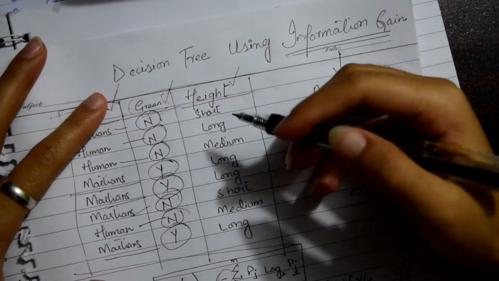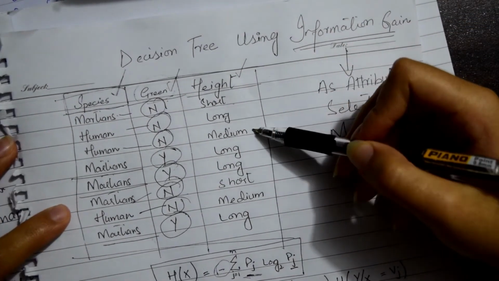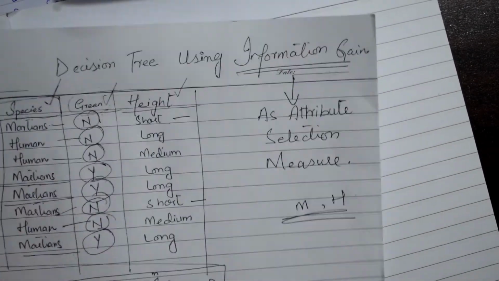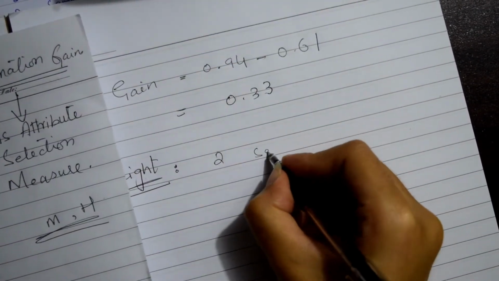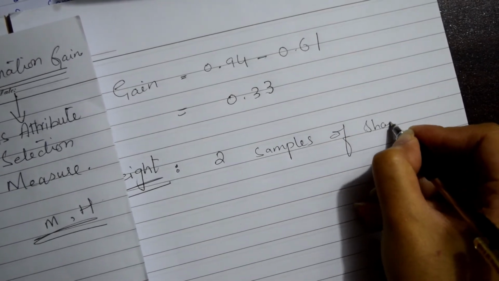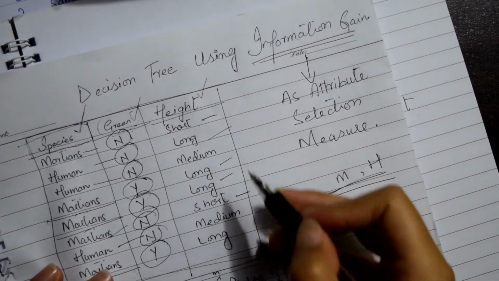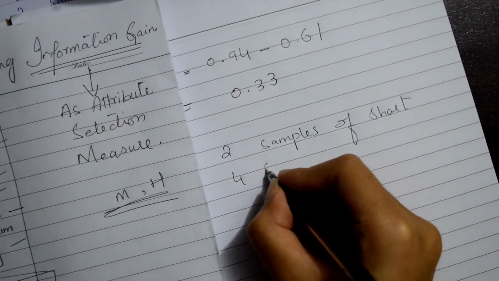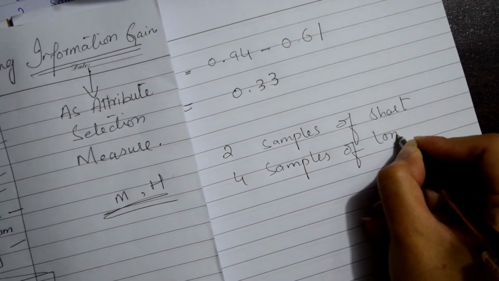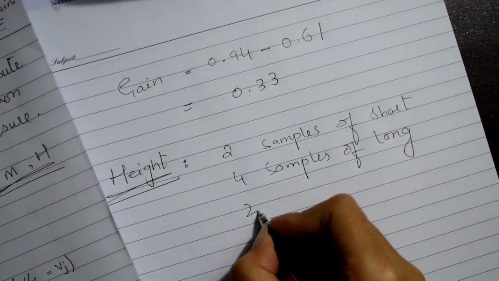Now we have to do this process for the attribute height. In height, we have 3 different categories: short, long, and medium. We have 2 samples of short, 4 samples of long, and 2 samples of medium.